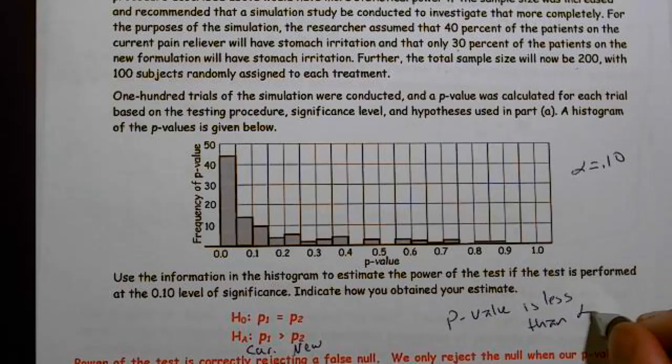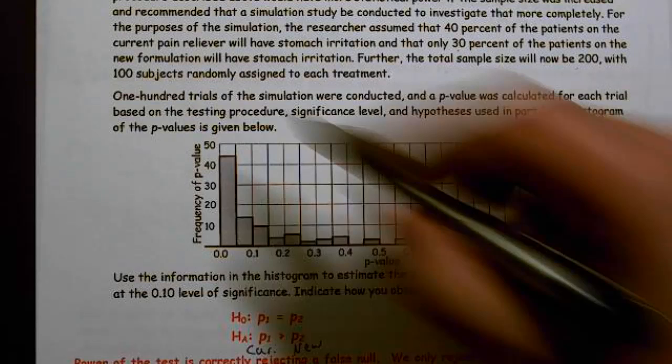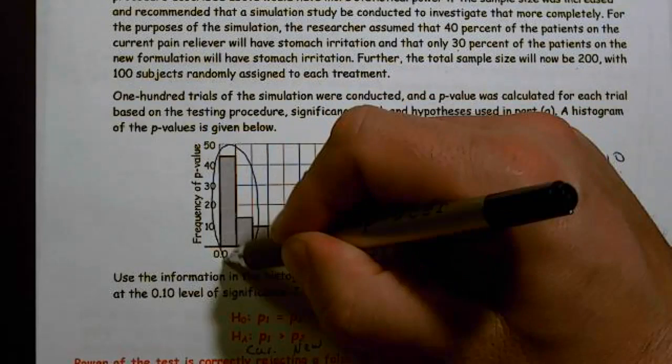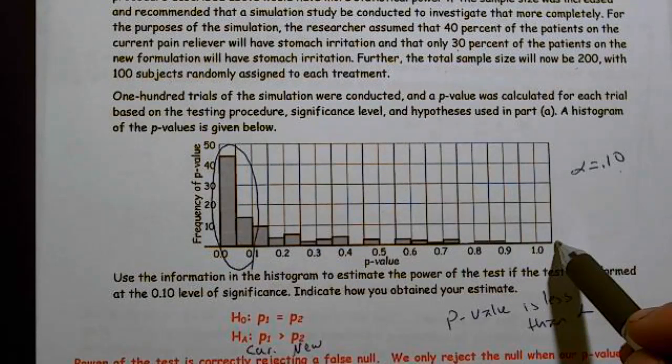That's when we reject. P-value is less than alpha, we reject. Well, that means we need to be less than 0.10. So to reject, this is what we needed to be right here. All right. Out here it would be failure to reject.